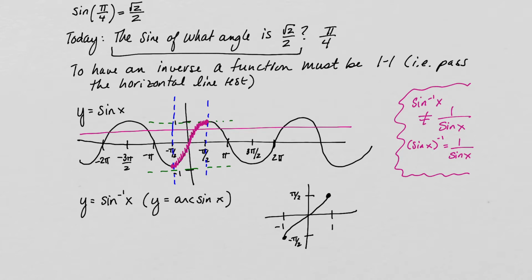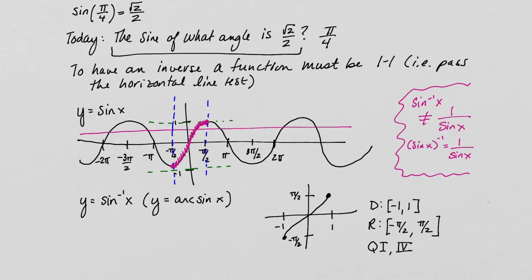And so the domain of the inverse sine function is going to be from -1 to 1. And the range, which means the answers we get out, have to be between minus pi over 2 and pi over 2. That's telling us that we're in quadrant 1, or minus pi over 2, remember you go down, so minus pi over 2 is actually quadrant 4.